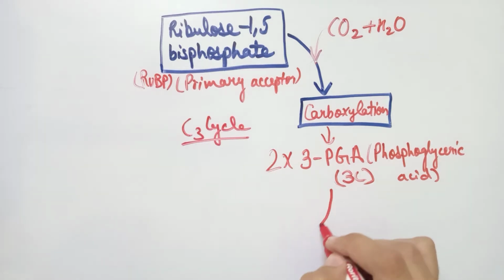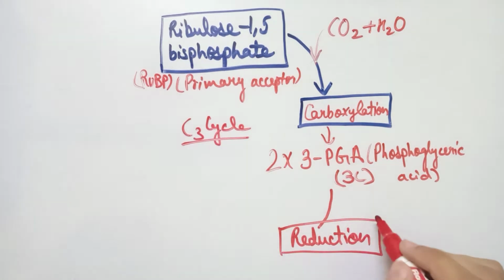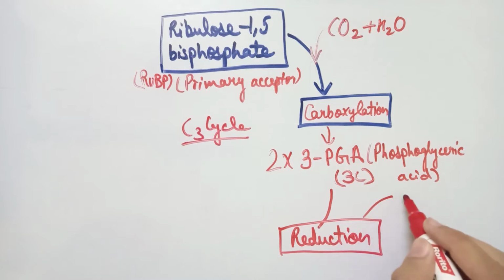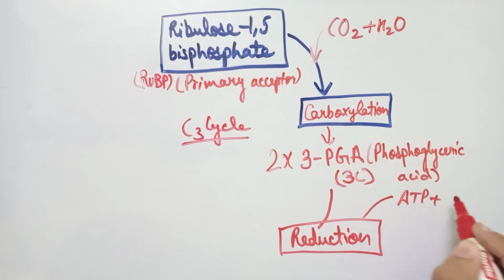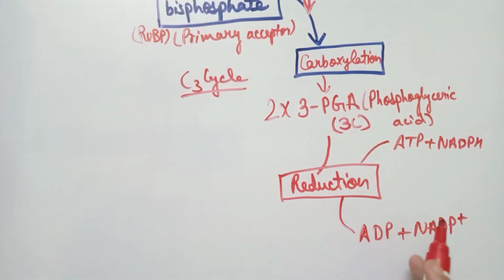Now let's come to the second step, which is known as the reduction step, as I have told you earlier. In the reduction step, two molecules of ATP plus two molecules of NADPH are utilized in this reaction, or rather are converted to form ADP plus NADP plus.